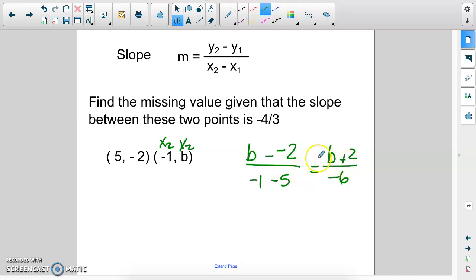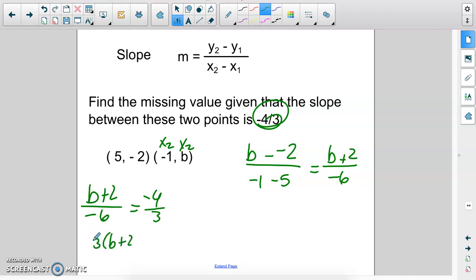We know that's the slope, and it's supposed to equal -4/3, so we have b plus 2 over -6 equals -4/3. And then you can cross multiply, and b plus 2 equals 8, so b equals, subtracting 2 on both sides, 6.